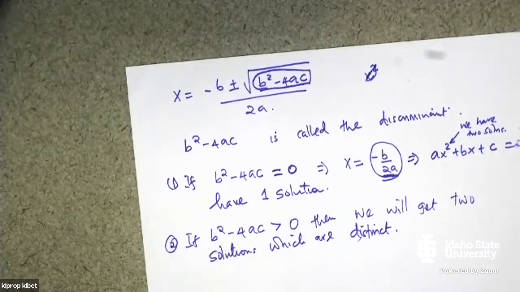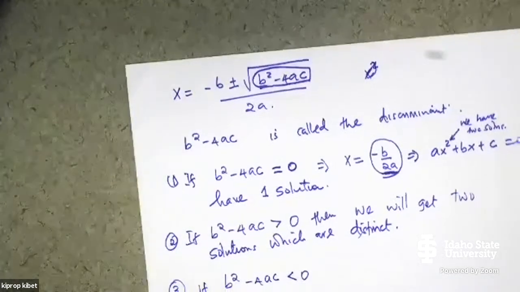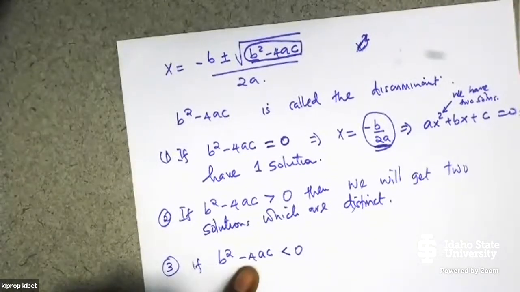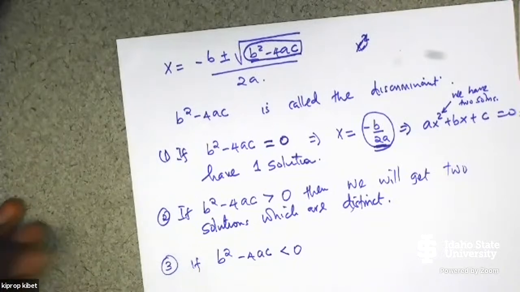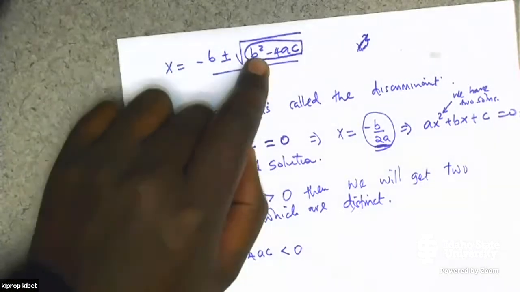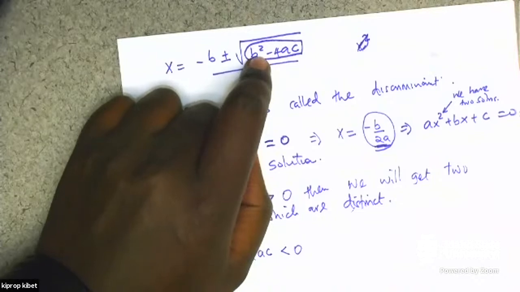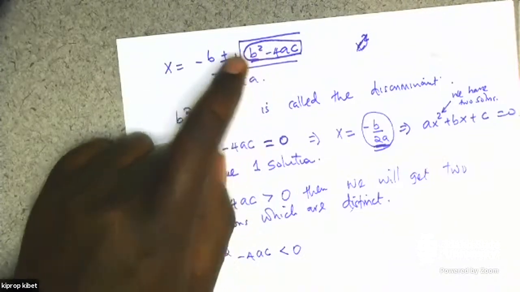Number 3, if b squared minus 4ac is less than 0, what happens there? If it is negative, the square root of a negative is what?